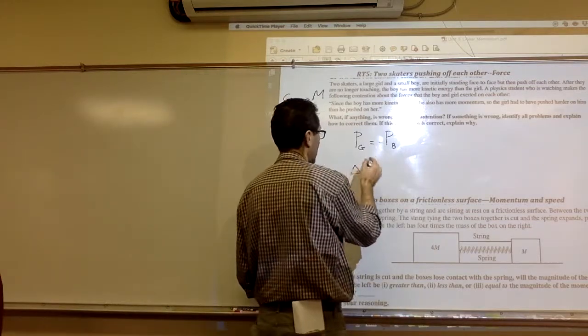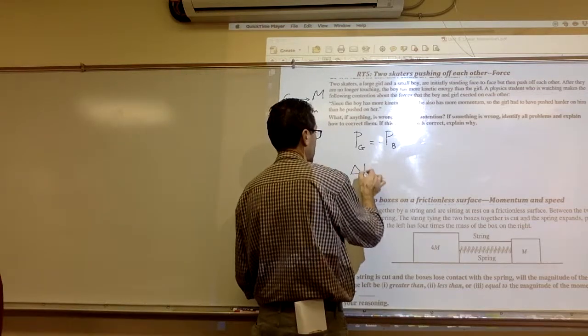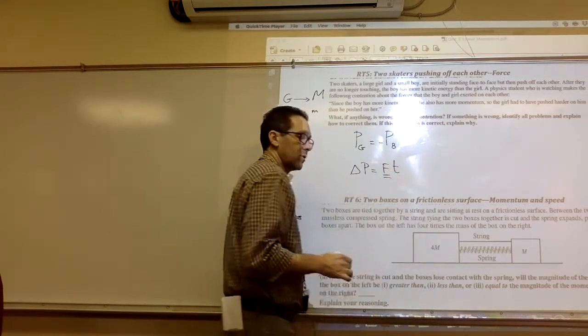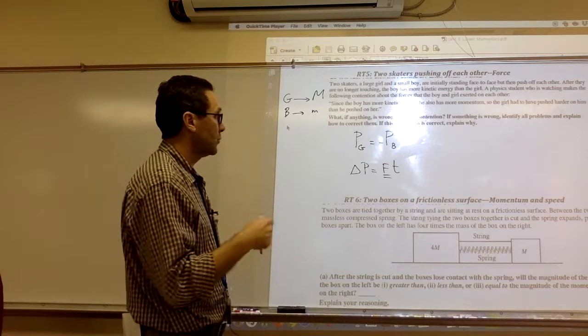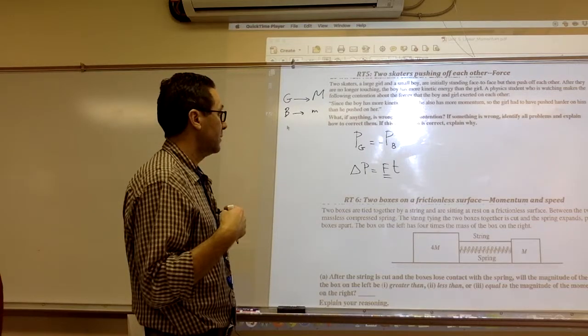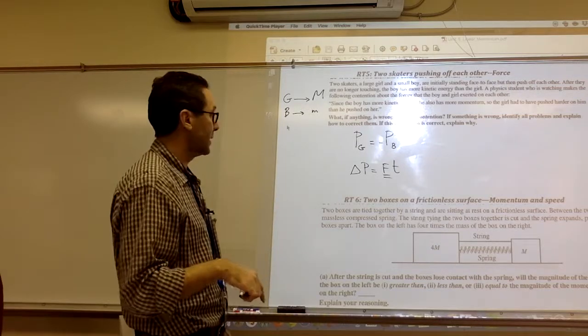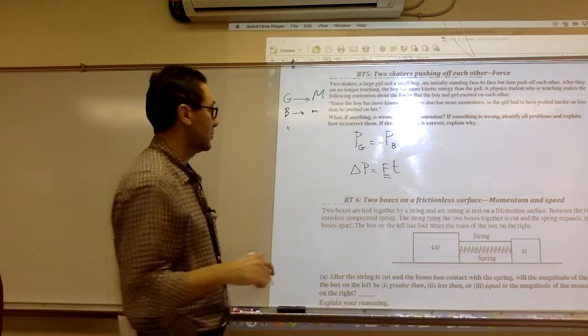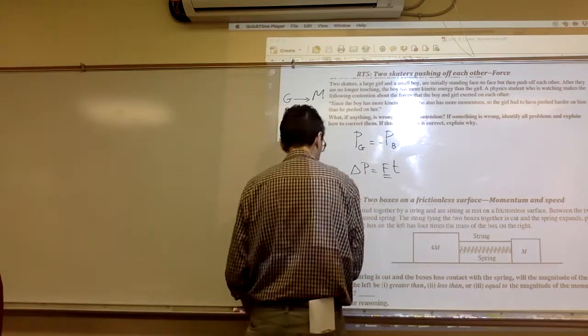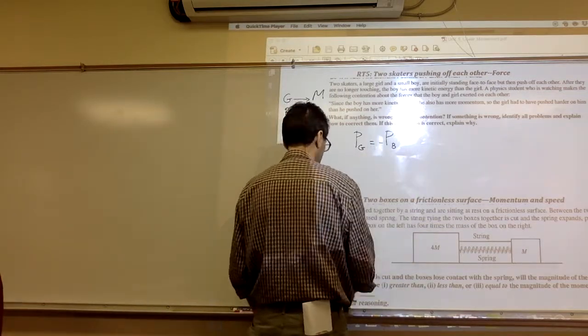Change in momentum was the same. And we can also talk about that in the sense that change in momentum is Ft. Now this F is external, right? So while they were pushing off each other, the force was internal. So technically there was no change in momentum of the whole system, right? So to get us to here, but it's the same thing.